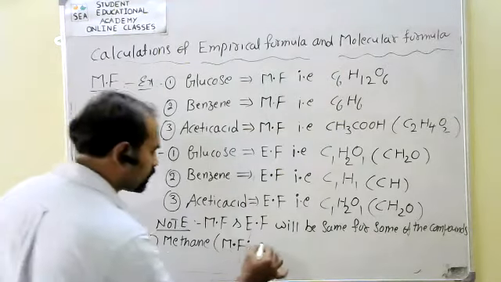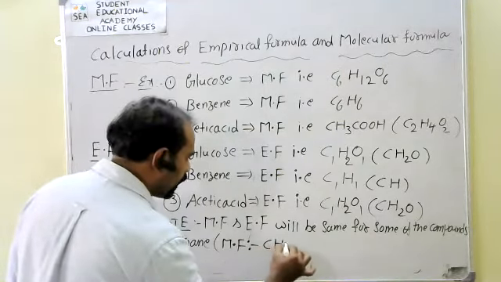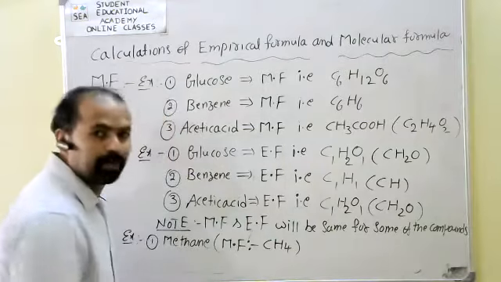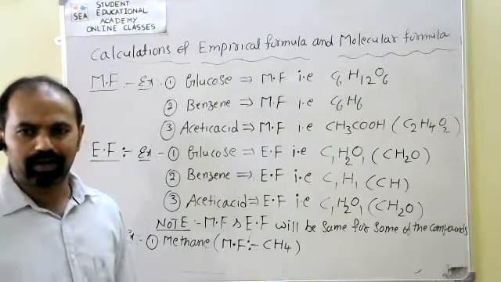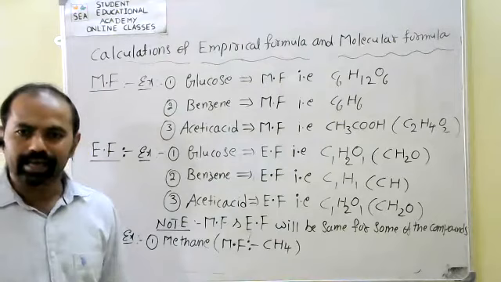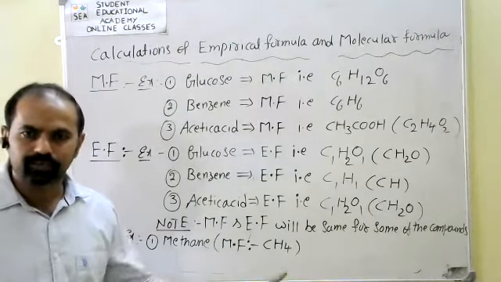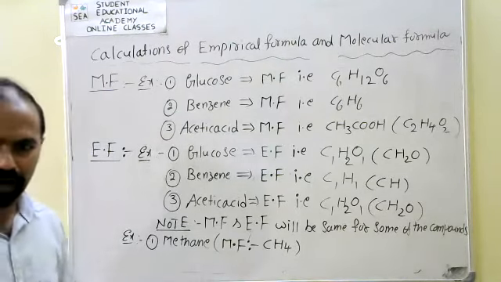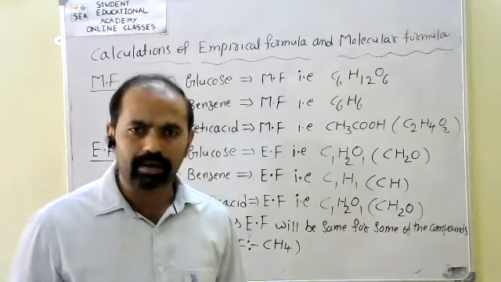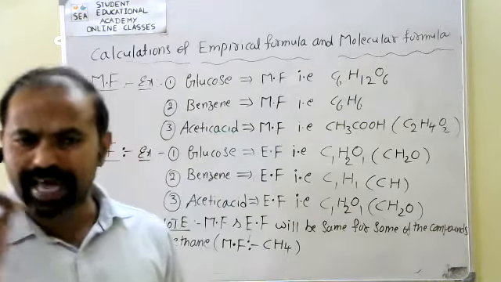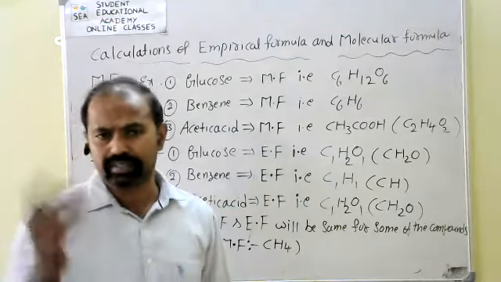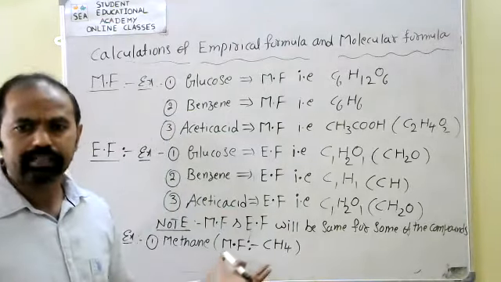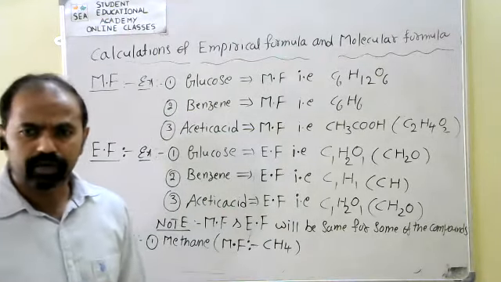CH4. It is the methane molecular formula. It is an alkane, we know about that. CH4, the methane molecular formula, contains 1 carbon and 4 hydrogens. The exact number of carbons is 1, hydrogens is 4, CH4. That is the molecular formula of methane.